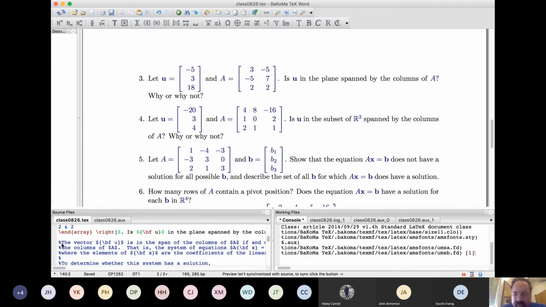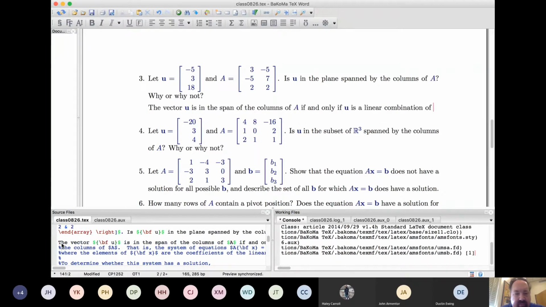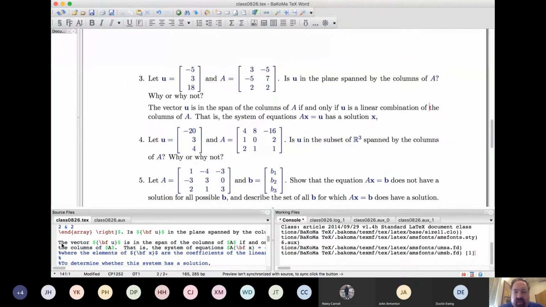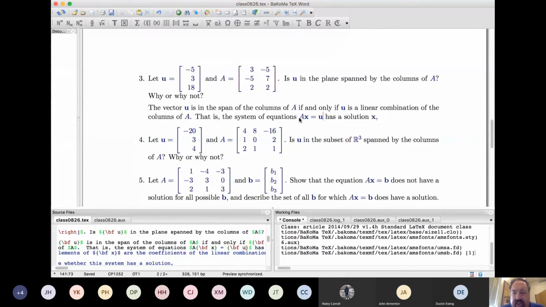If U is in the span of these columns, so if it's in this plane, then U is a linear combination of these columns. That's the same way of saying that this system of equations, AX equals U, has a solution.